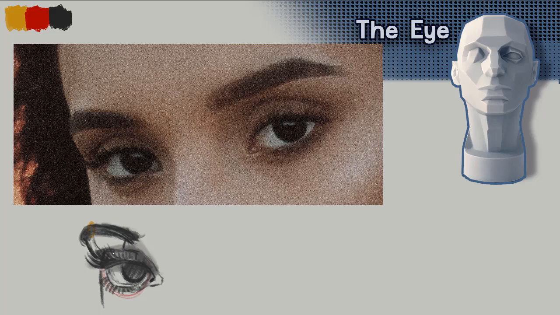Right now, I'm just using values to delineate if something is turning or if something is being overhung by something else. For instance, this plane here turns, so maybe you can throw it into shadow. The eyeball itself turns around there, so we can maybe throw that into shadow. And oftentimes, although it's hard to see on this photo, the pupil, which lies right in the middle of the iris, can often be even darker, providing a slight darker passage here.